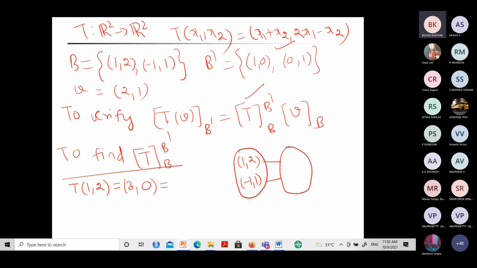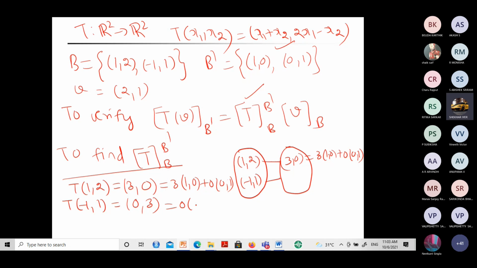Very simple, right? 3(1,0) plus 0(0,1). So (3,0) is 3 into (1,0) plus 0 into (0,1). Now T of (-1,1).